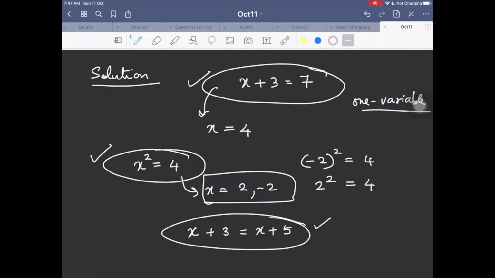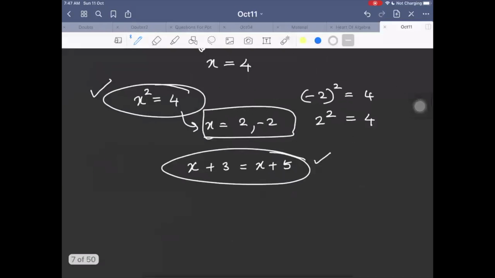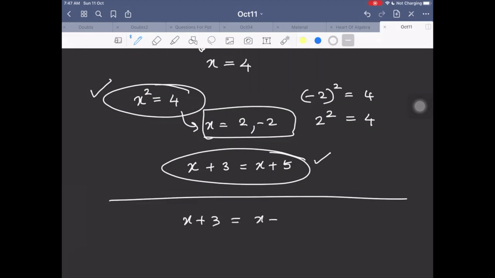When you encounter an equation, you have to clearly have an idea about the number of variables.